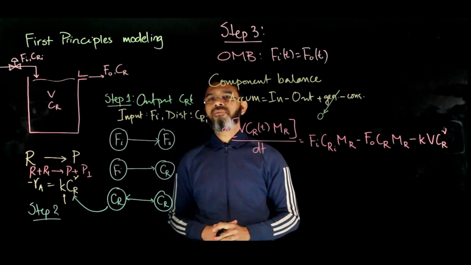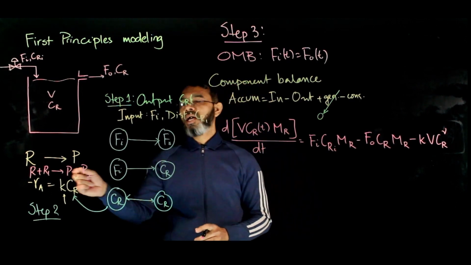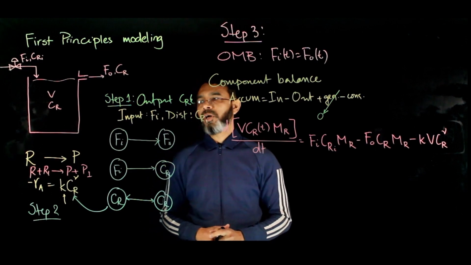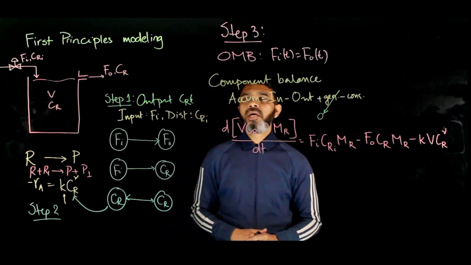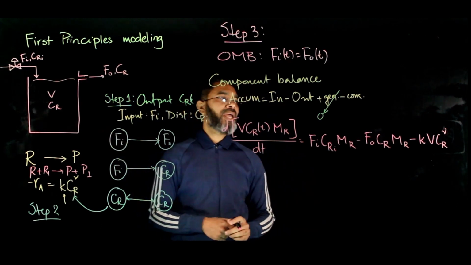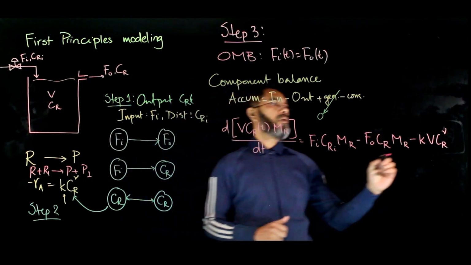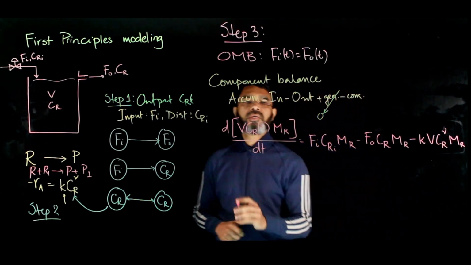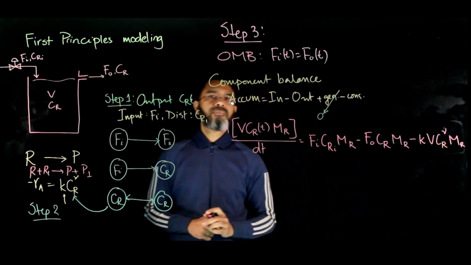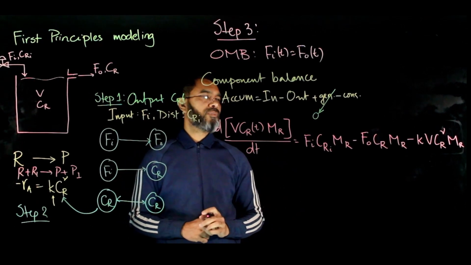To remember that if the reaction rate depends on other reactants or product, in that case those will need to be taken into account. Now considering this for the constant volume case, we can write there will be an MR here to convert it into mass. So the MR term cancels from each of those.